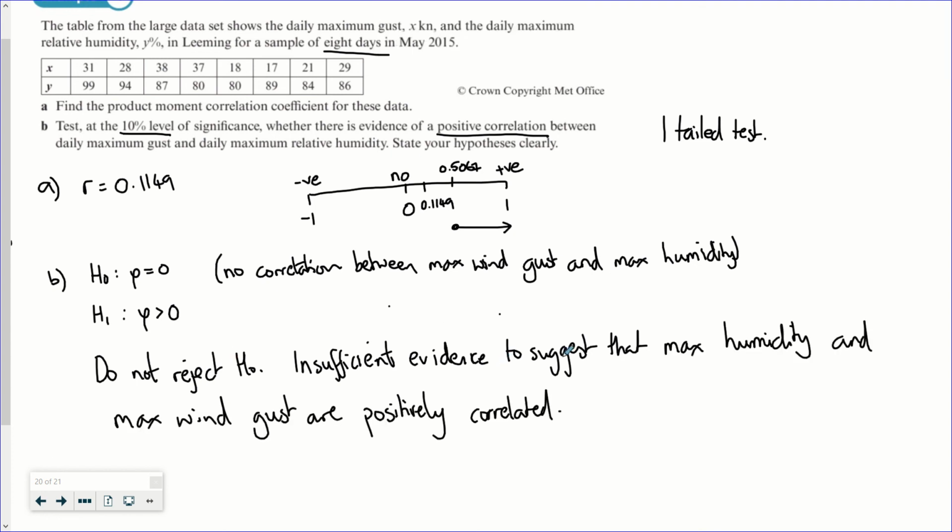So that's our conclusion. And I'm writing it like that because we were asked to explain whether there's a positive correlation or not. And we're concluding that we can't say that there's a positive correlation.